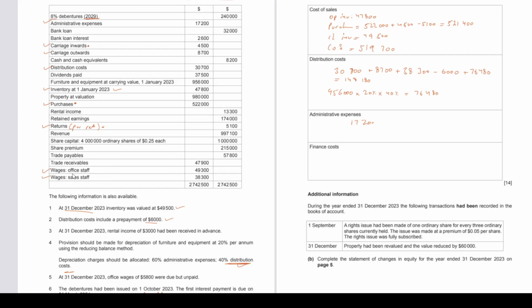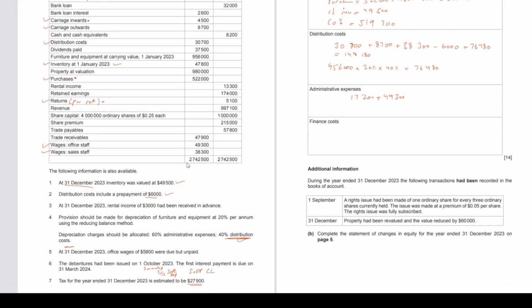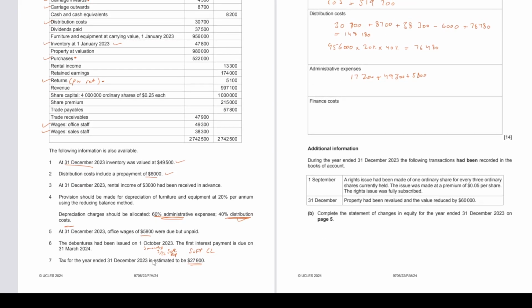Okay, wages. It's 49,300. That's taken. That's income. Okay, we'll take 60% of that. Oh, office wages were due but unpaid, so we add that 5,800. Okay. What else? That's it.